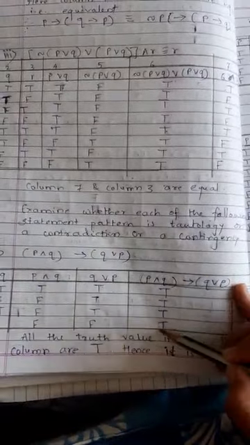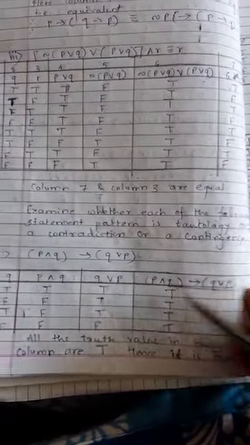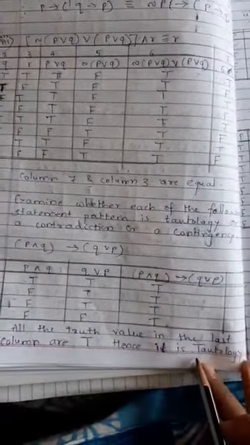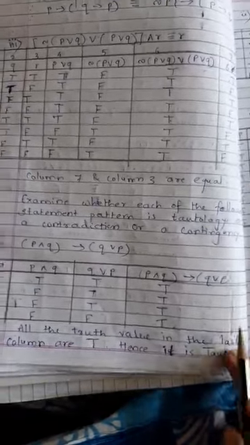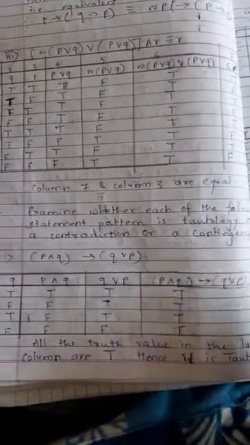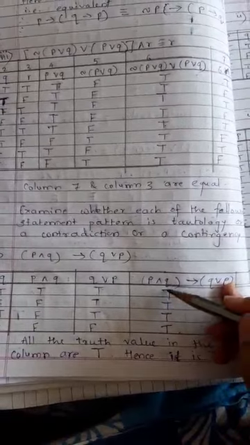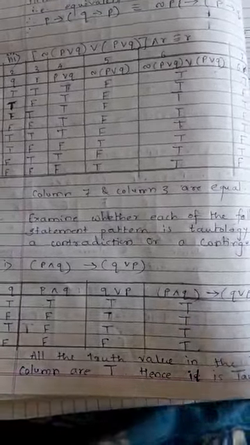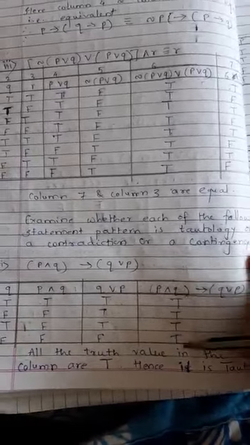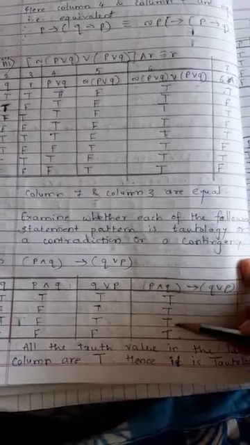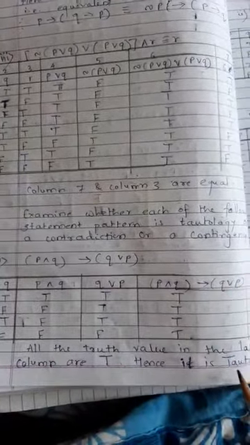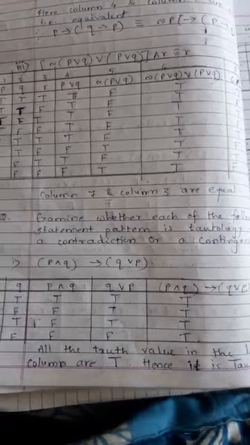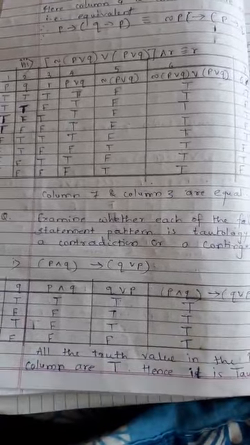So here all the entries are T, so this statement pattern is a tautology. If in another problem you get all F, then that statement pattern will be a contradiction, yes or no? And so let us see the next question.